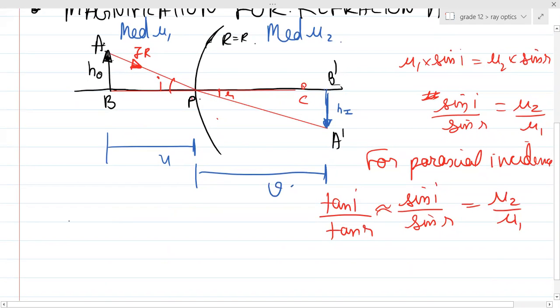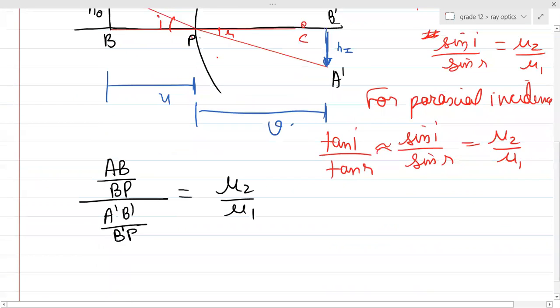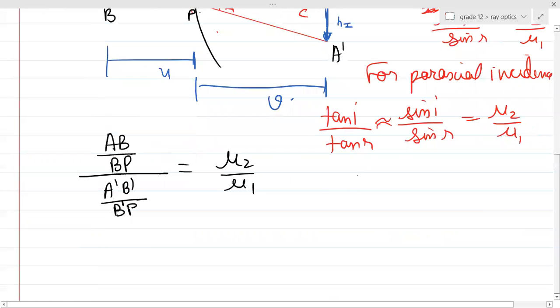So can I say this particular thing? Tan of I is basically AB upon BP divided by tan of R, A dash B dash divided by P B dash, is equal to mu2 by mu1. Now can you see over here, AB is basically the height of object, I'm using it with sign convention.